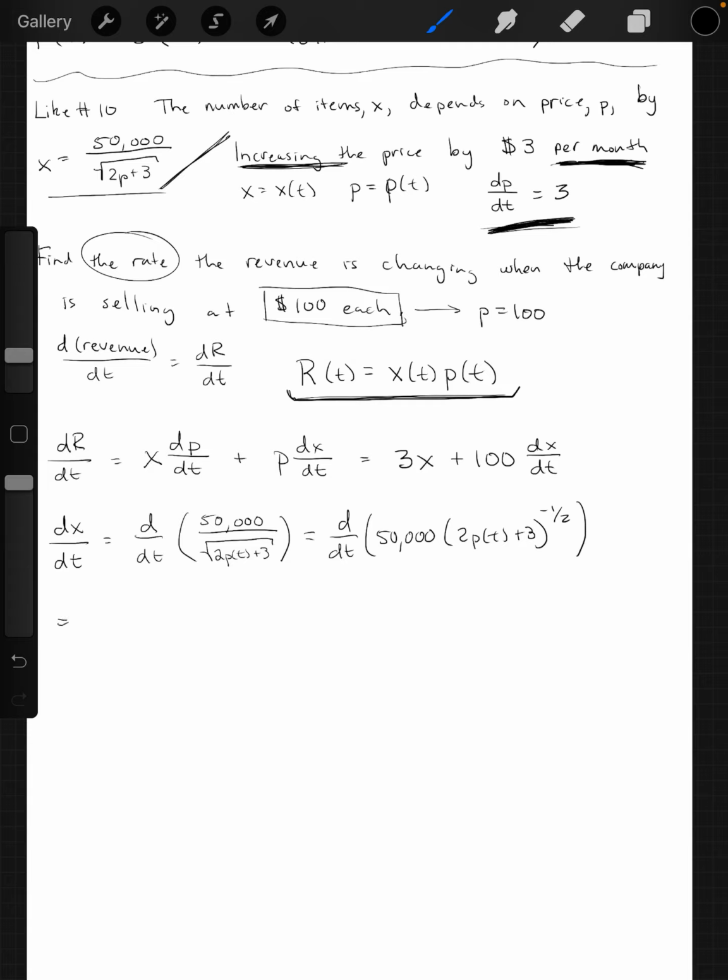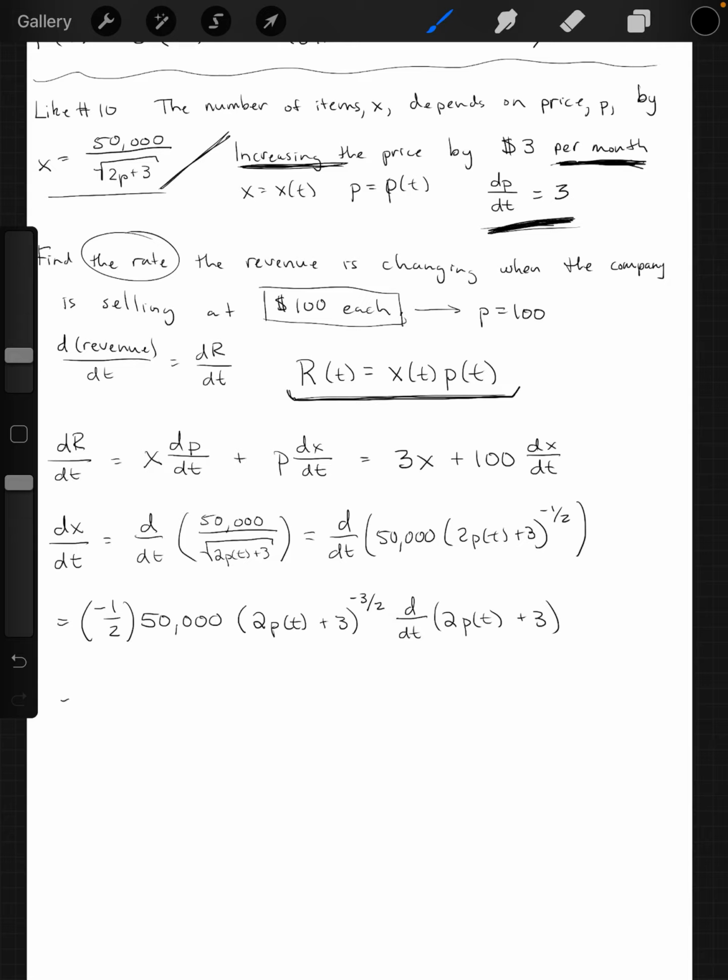So we're going to bring that power down, negative 1/2. The constant multiple rule says that 50,000 sticks around. This becomes (2p(t) plus 3) to the negative 3/2. The power always goes down by 1. But then we have to multiply by the derivative of 2p(t) plus 3.